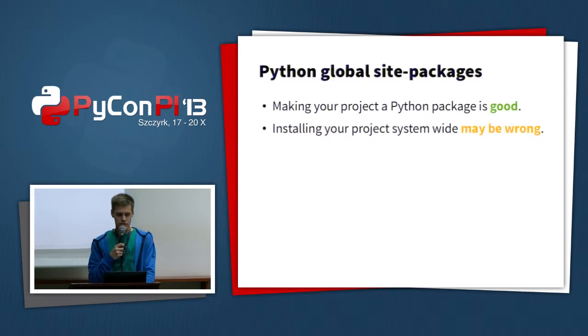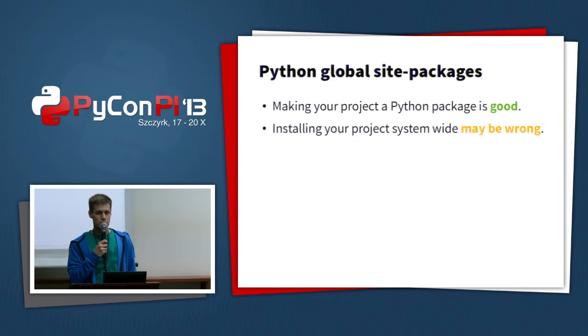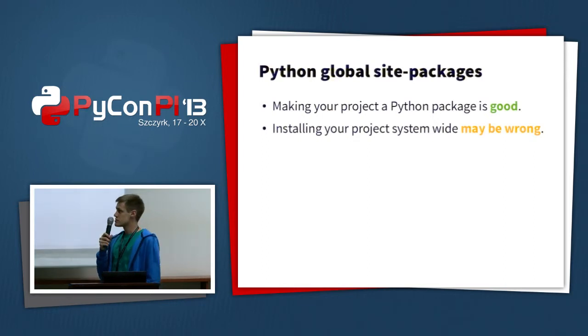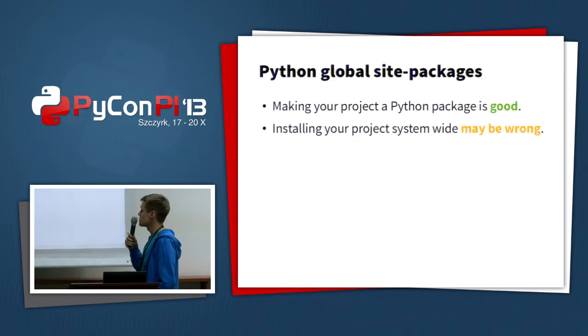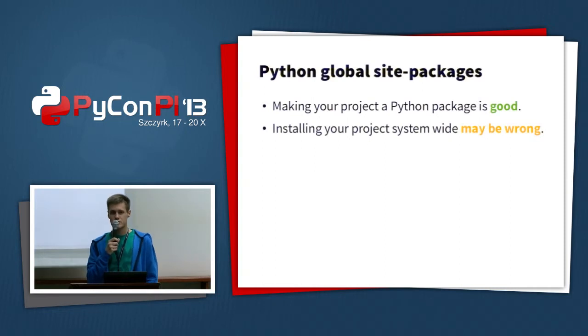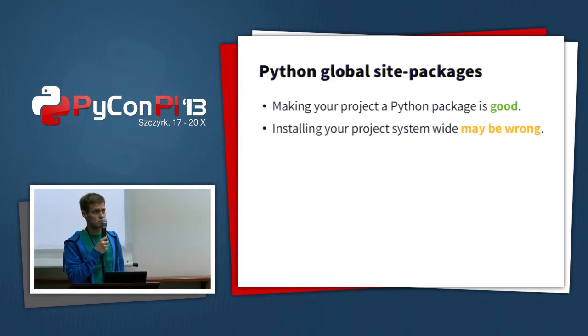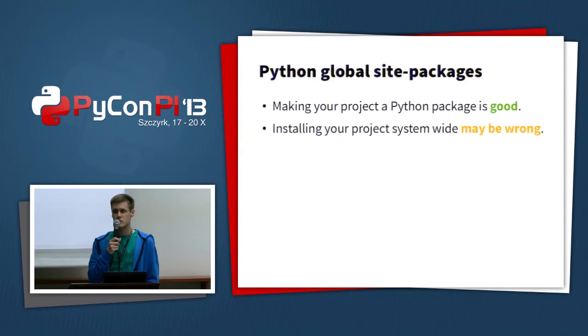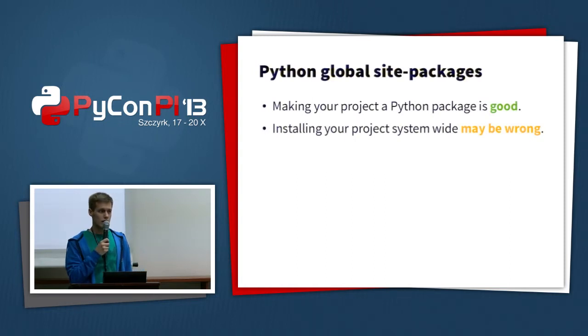And yeah, the last one of these old solutions is Python global site packages. So yeah, most Linux distributions have package managers, and they are used successfully, like apt in Debian and Ubuntu, like Yum in CentOS, Red Hat, and so on.